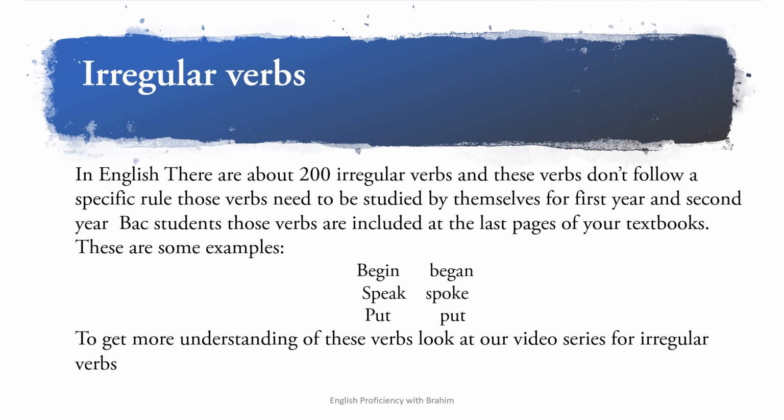So we have begin, we change the I into A, and it becomes began in the simple past. Speak, it becomes spoke, and put does not change, it stays put. To get more understanding of these verbs, look at our video series for irregular verbs.